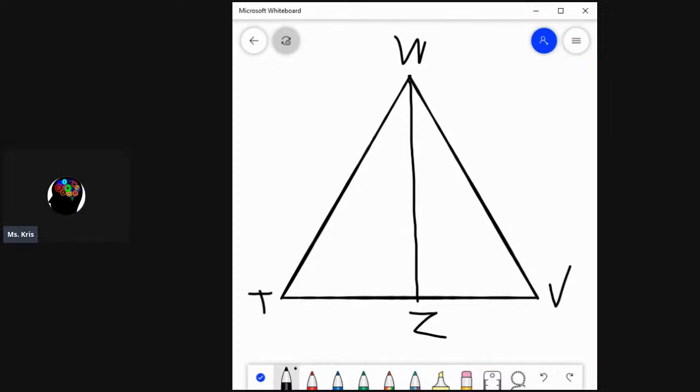So if I'm given that WZ is bisecting angle TWV, also I am given that side WT is congruent to side WV.